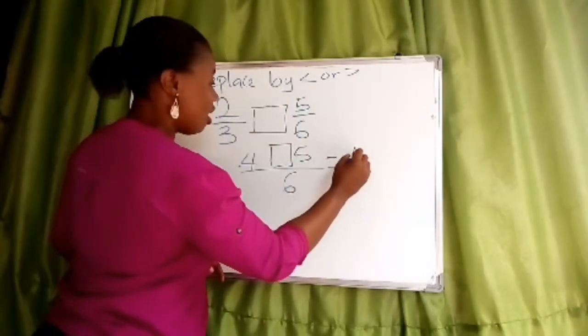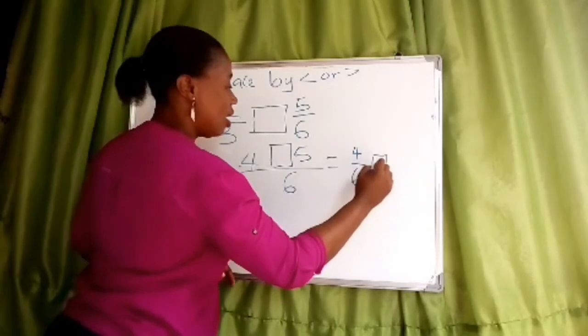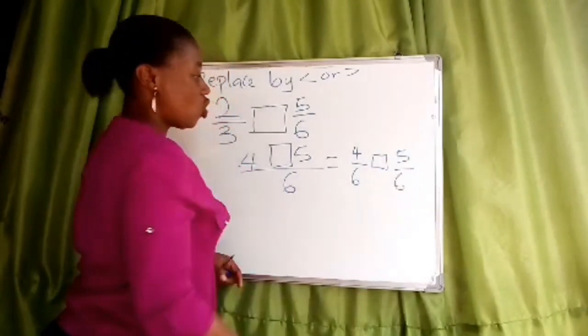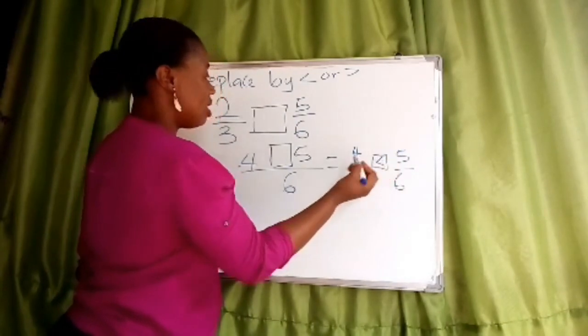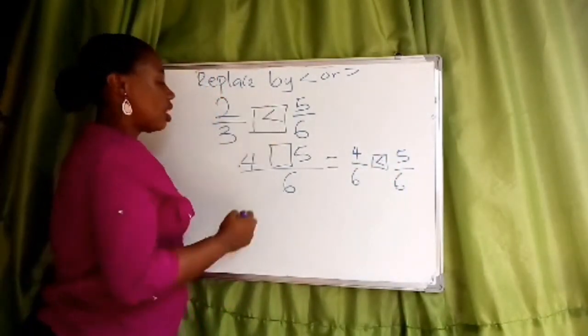So this is the same thing as 4/6 and 5/6. So which of it is greater? 5 is greater. So 2/3 is less than 5/6.